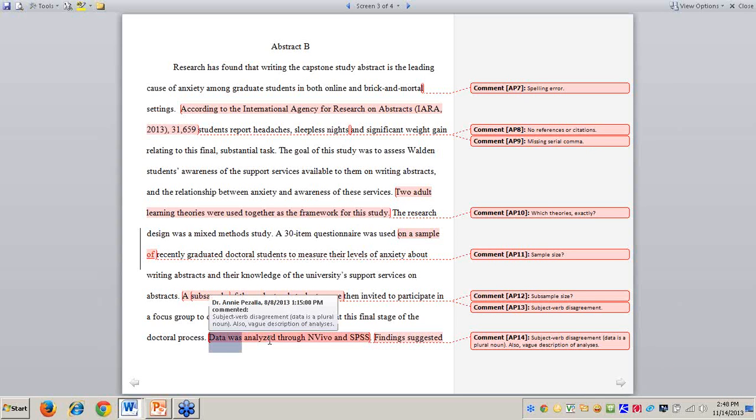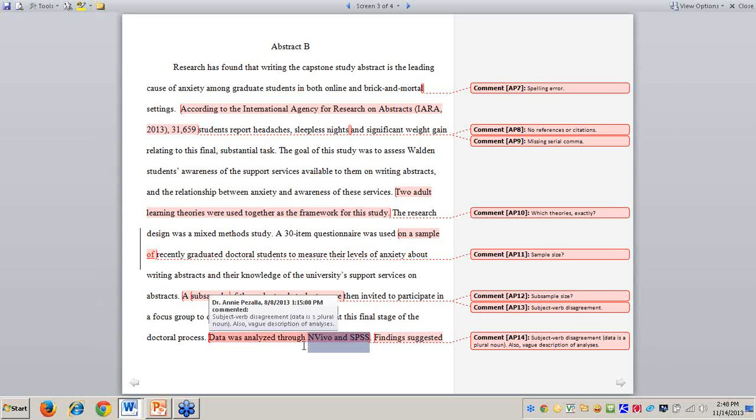And this is kind of one of my pet peeves. Data is a plural noun, so it should always be data were analyzed through in vivo and SPSS. Yeah, exactly. Jeff, you are awesome. The weirdly singular version of data is datum. And so if a student is just very married to using the singular verb was, then it should truly be the datum was analyzed. Awesome.